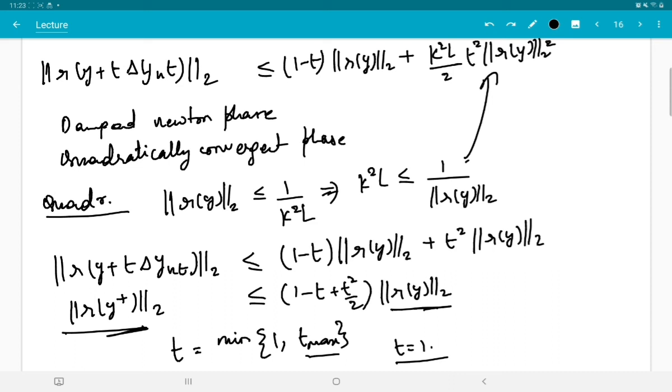We cannot have the same residue even after progressing one step. That is not possible. So that's about the damped case.